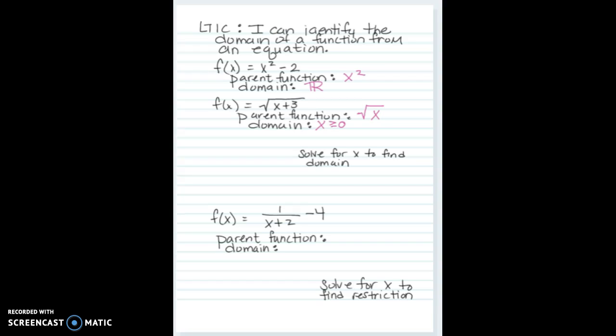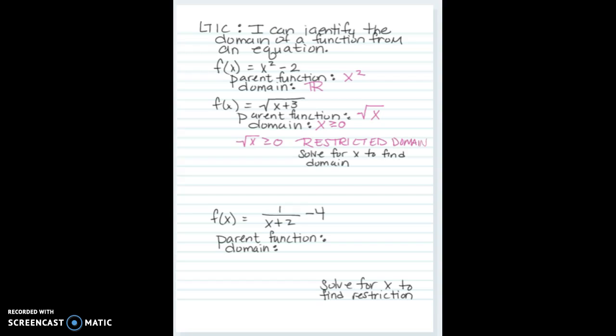Now, how does that help me find the domain of the given function? Well, the parent function has a domain where x must be greater than or equal to 0. That is a restriction on our domain. Our domain has been restricted.